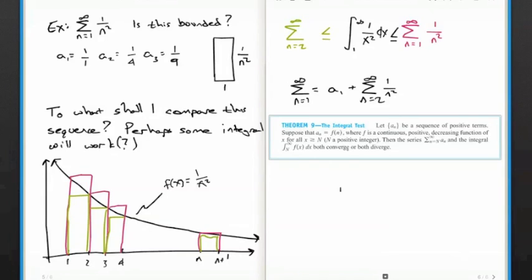It's especially important to notice that it needs to be continuous on the interval, and convenient that I've got that mark there, say 1 to infinity, or in this case n to infinity.